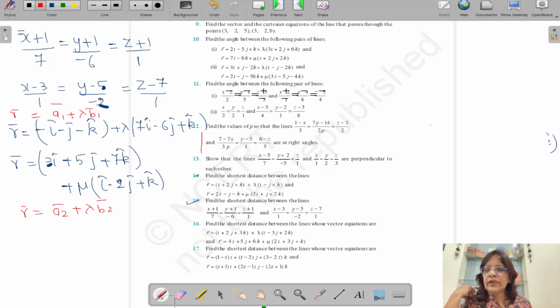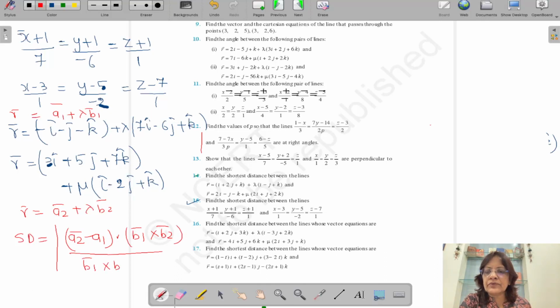Again, what was the formula? Recall the formula. Shortest distance is given by (a2 minus a1) dot (b1 cross b2) upon magnitude of b1 cross b2, right? So first we'll find a2 minus a1.